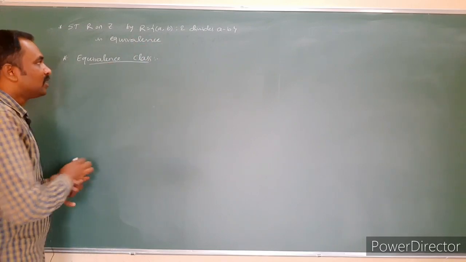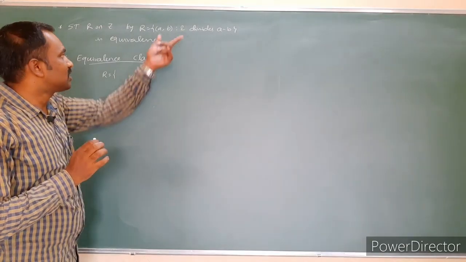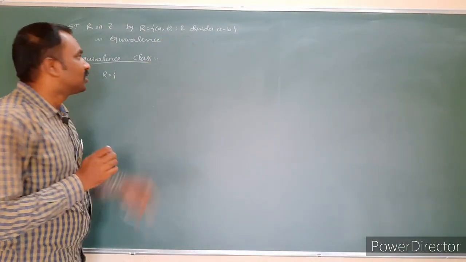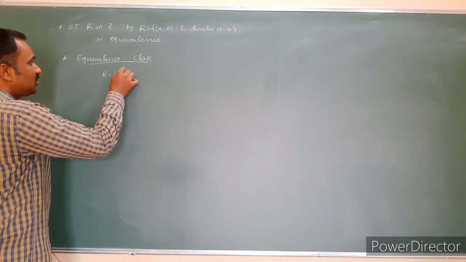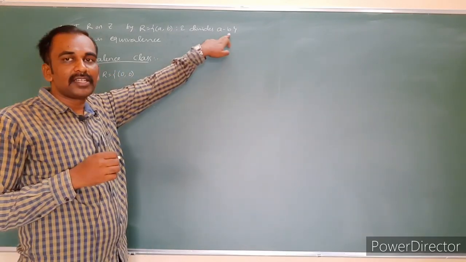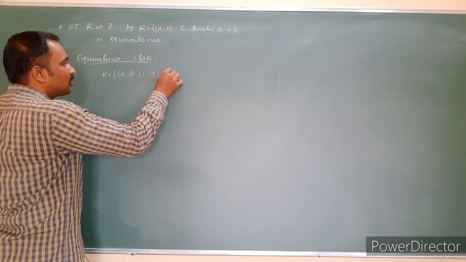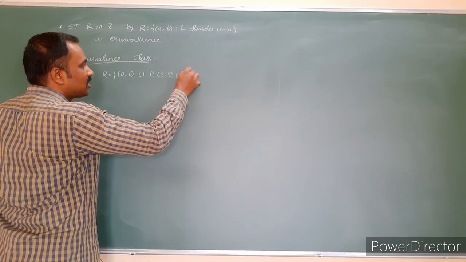They have given it. Now I write some of the ordered pairs which are present in this relation. Do you have 0, 0 in the ordered pairs? 0 minus 0, yes, present. Similarly 1, 1 is there, 2, 2 is there, 3, 3 is there.